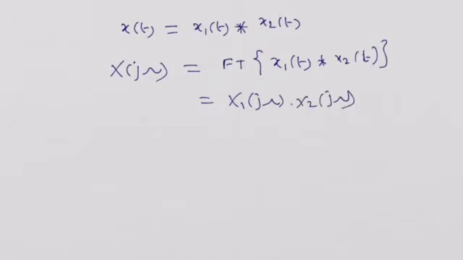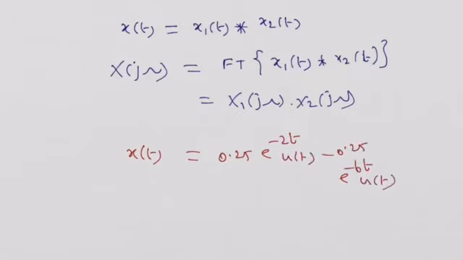Now you can just recall x of t. What was the result? In our case it was 0.25 e power minus 2t u of t, isn't it? Minus 0.25 e power minus 6t u of t, right? What is x of t? x of t is actually the result of the convolution of x1 of t convolved with x2 of t, isn't it?